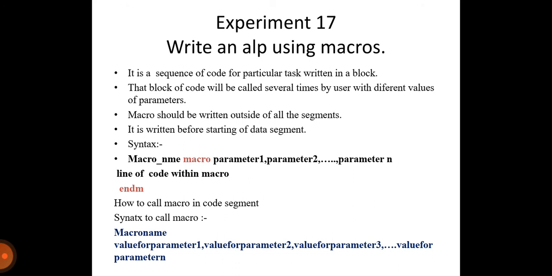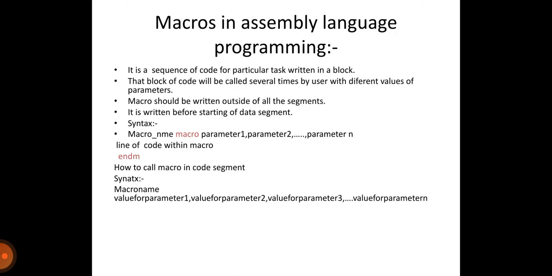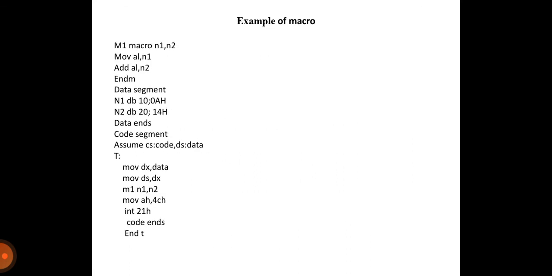Okay, see the example. I have written this macro with two parameters: m1 macro n1, n2, just addition of numbers. Move al, n1; add al, n2; endm.